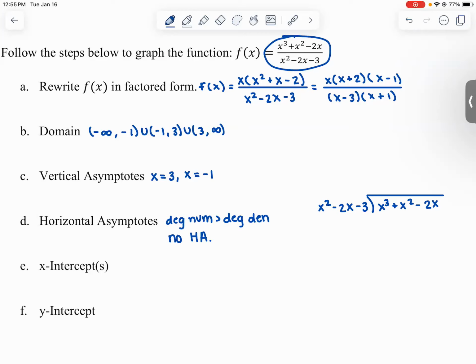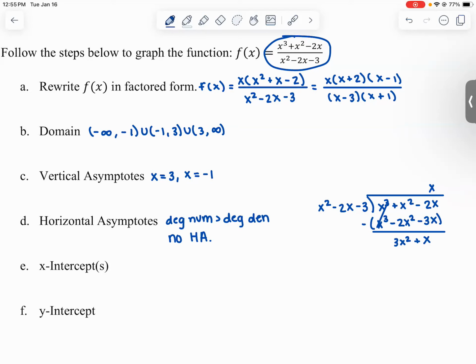Right away, we're asking ourselves, how many times does x squared go into x cubed? Well, that's going to be an x. So we will have x cubed minus 2x squared minus 3x. When we go to subtract, our first two terms cancel each other out. We're left with 3x squared plus x.